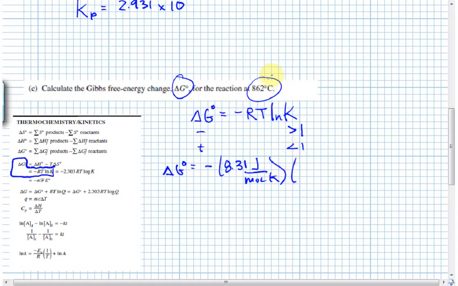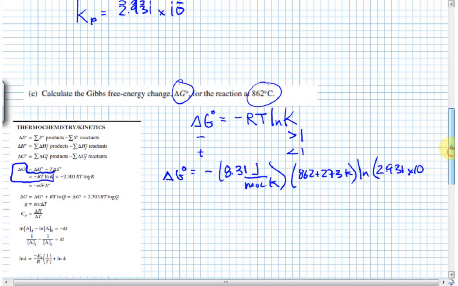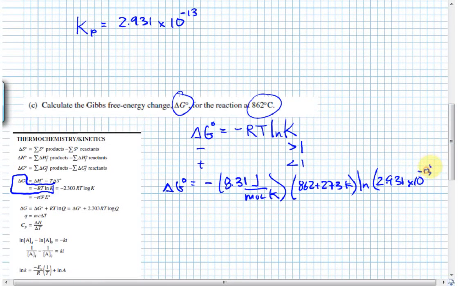T is 862, and don't forget we've got to add 273, so 862 plus 273 K. Then we take the log of the equilibrium constant we calculated up above, 2.931 times 10 to the minus 13. So we plug that into our calculator.